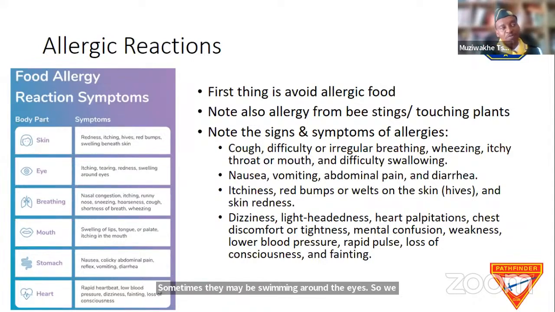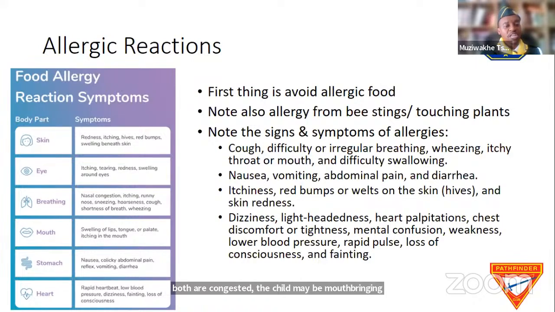The other one that's very important is breathing. We need to be aware of nasal congestion, because sometimes both nostrils may be blocked or congested. Sometimes it's only one, but generally if both are congested, the child may be mouth breathing, okay?